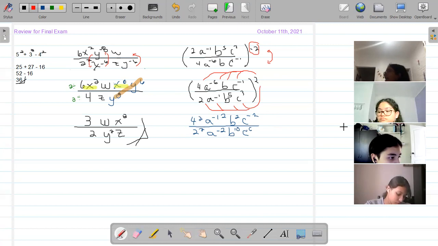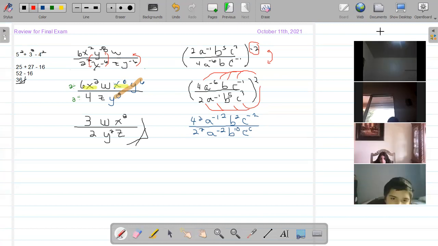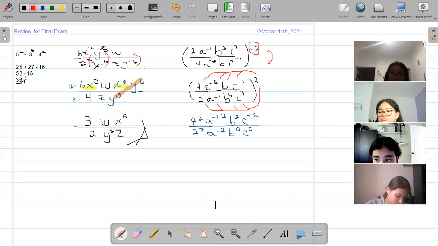So, Adrian, you're going to help me out to make these exponents positive. Which one should I change into which side, Adrian? Yes, let's make the exponents positive, the ones that are negative. Just tell me, this one goes up, this one goes down, and that's it. How do I make those exponents positive, Adrian?